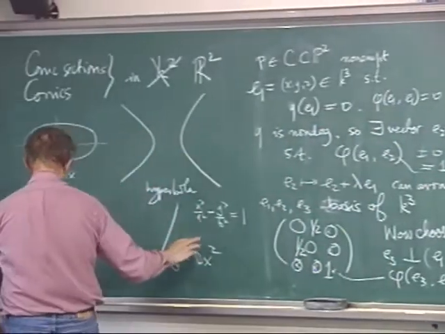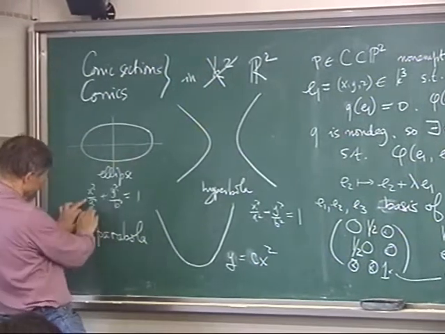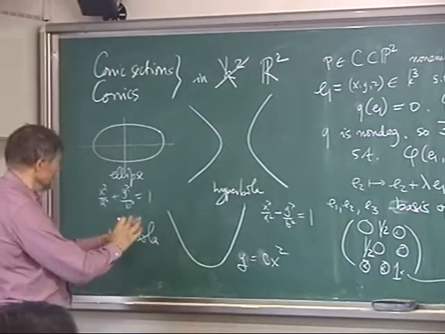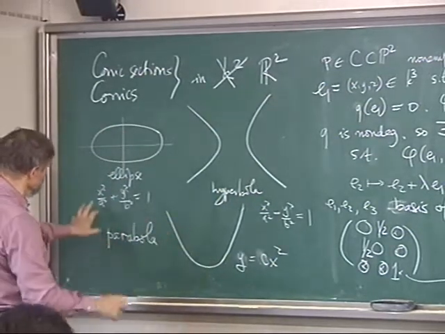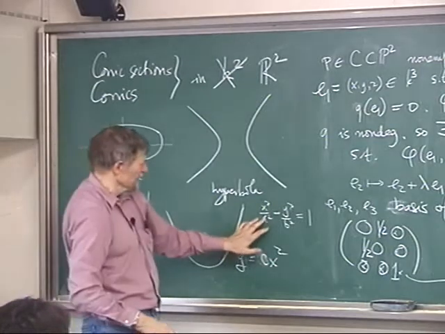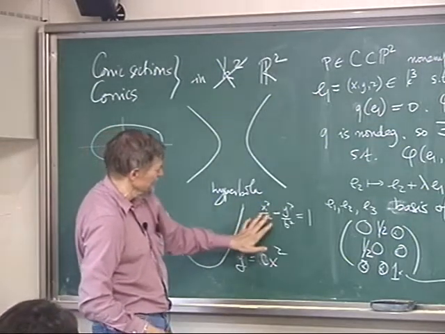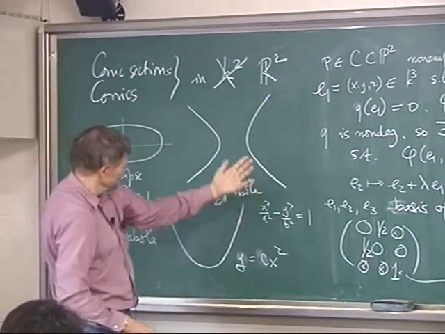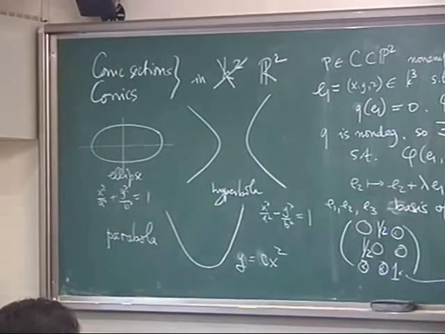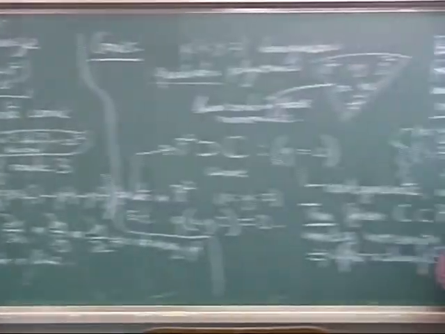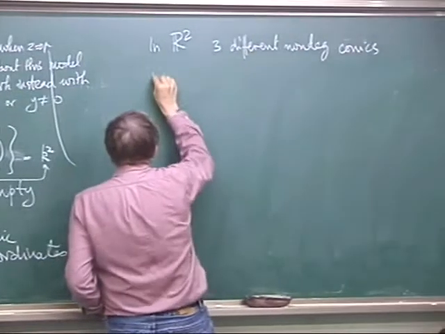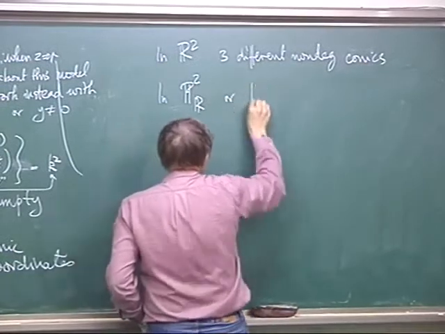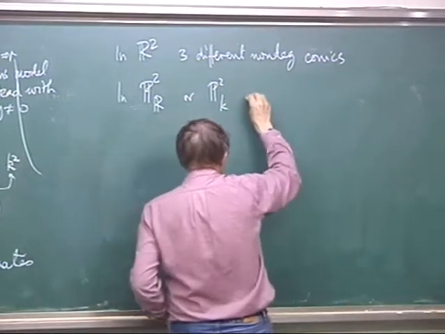So if you already have a Euclidean metric on your space, then you really need to know the value of these a squared and b squared. Even a circle has a radius in Euclidean geometry. In the kind of geometry I'm doing, I'm not especially concerned. I can multiply the x and the y by scalars if I like. And so then I can say that this is just one curve, and this is just one curve. So three different non-degenerate conics in P2 R, or P2 K. This is basically any field.